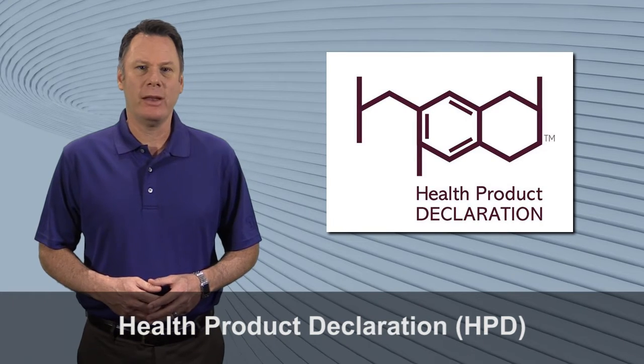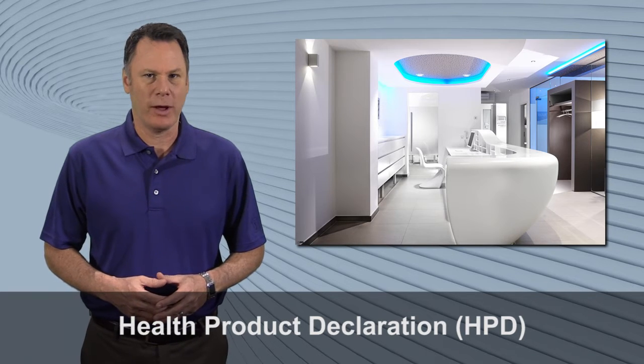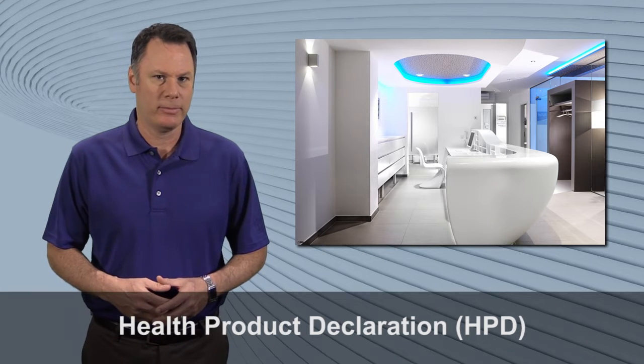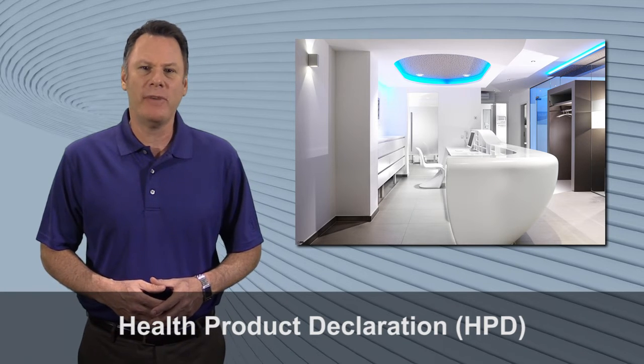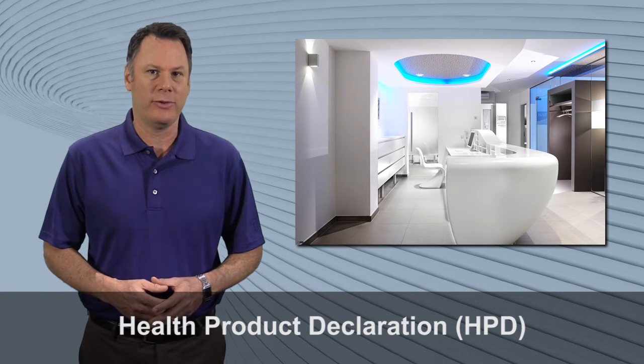Building professionals, including designers, architects, and specifiers, are increasingly interested in obtaining information on the material ingredient content of a building product and the health risks associated with exposure to these elements. The HPD standard is developed and managed by the HPD Collaborative, a nonprofit organization.